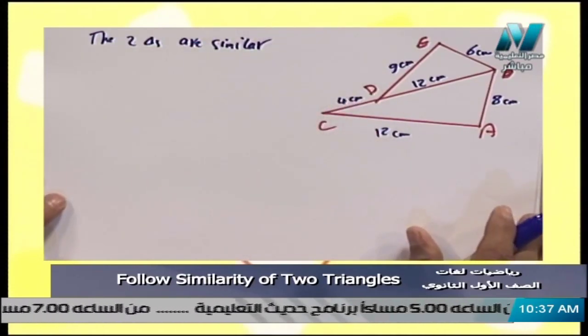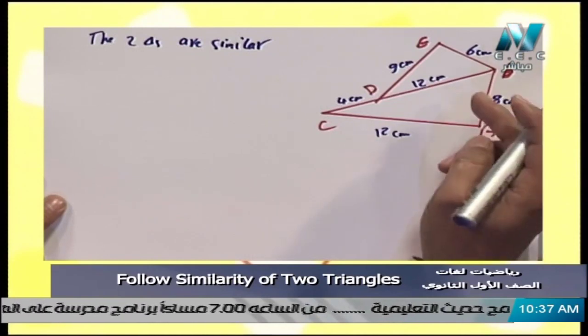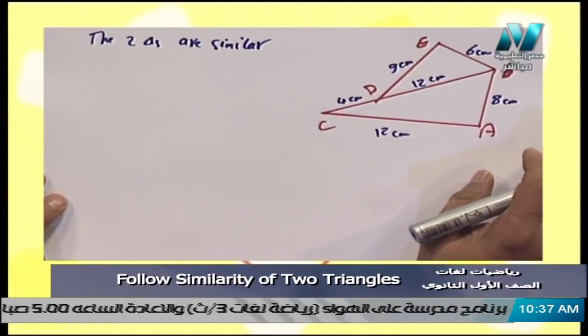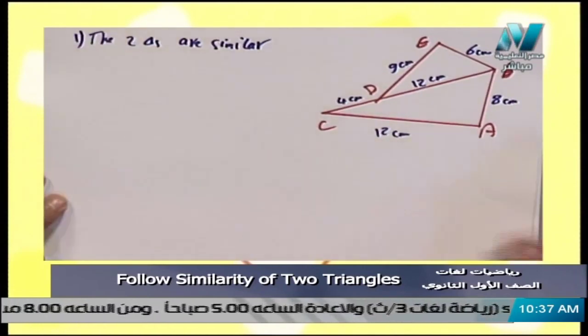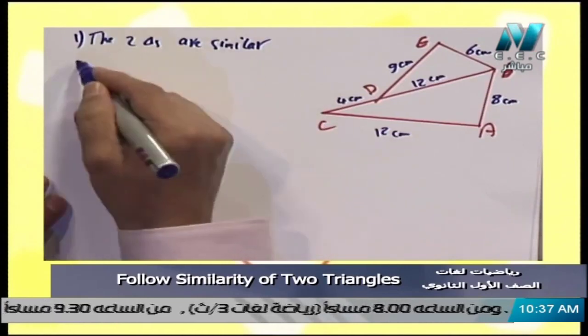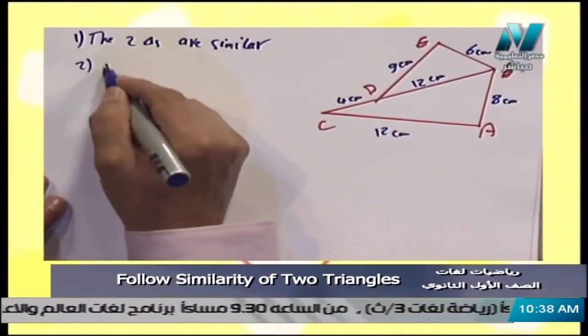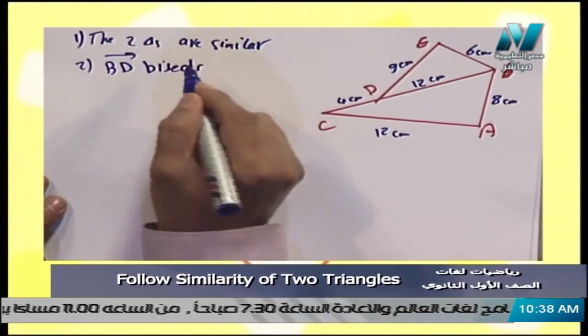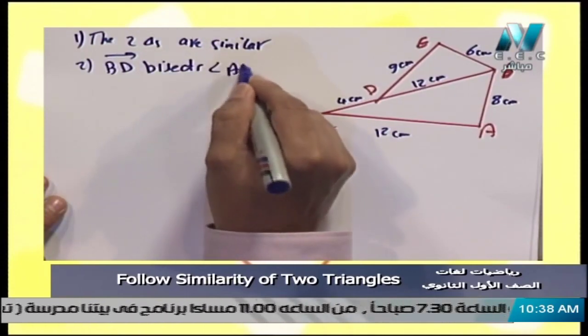And unfortunately, he didn't tell me the arrangement of these triangles. And inshallah, we're going to prove it easily. The second request is to prove that the ray BD here bisects the angle ABE.